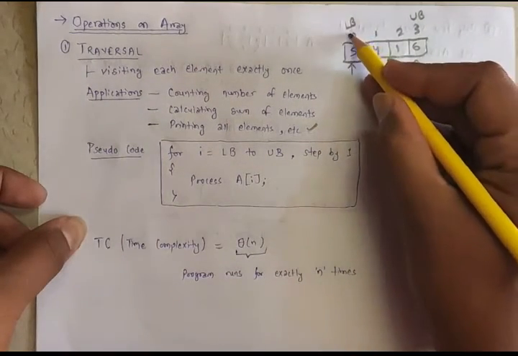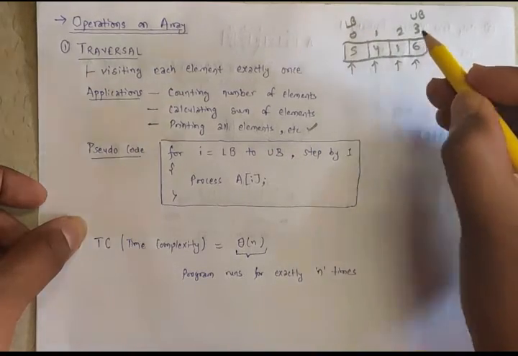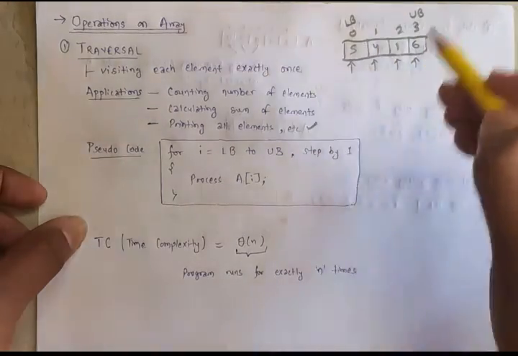So we would traverse this array from 0 to 3, incrementing by 1, means each element.